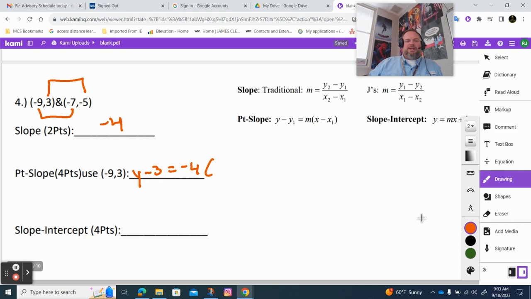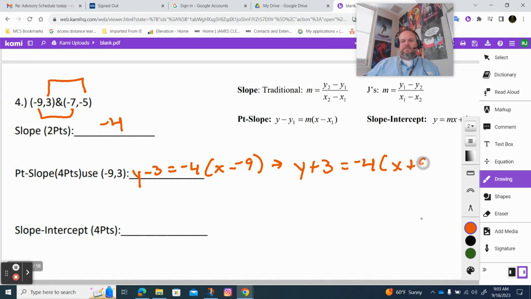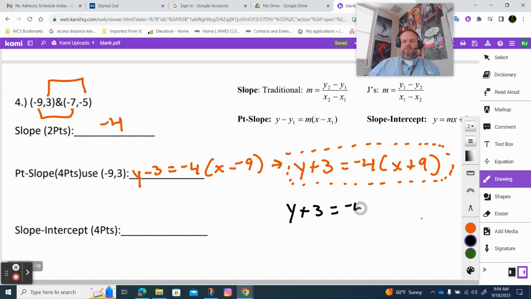We're plugging in negative, so this makes it change. Remember, this is the one that we want. All right, distribute. So we should get y equals negative 4x minus 39.